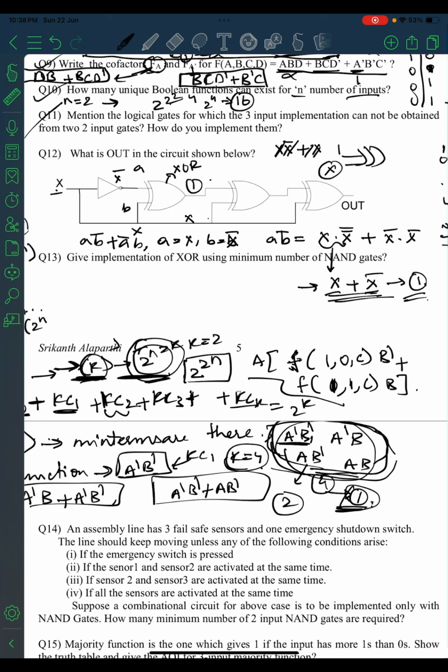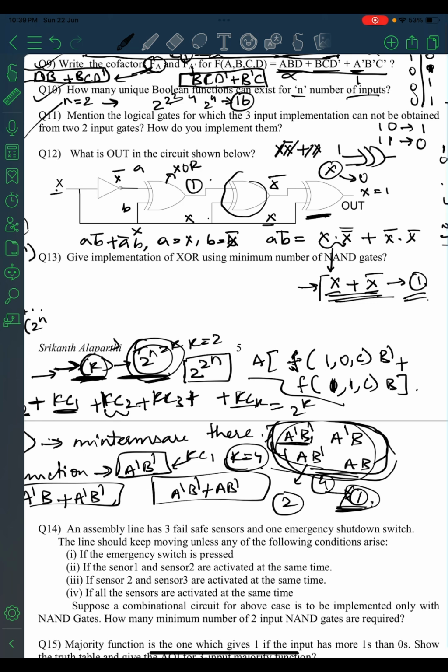Now whenever X is equal to 0, that becomes 1 and 0, it becomes 1. Whenever X is equal to 1, that becomes 1 and 1, which is equal to 0. So basically here this acts as an inverter. So here the output of this thing is X bar and this is X. Here X and X bar, again it is passed into this XOR.